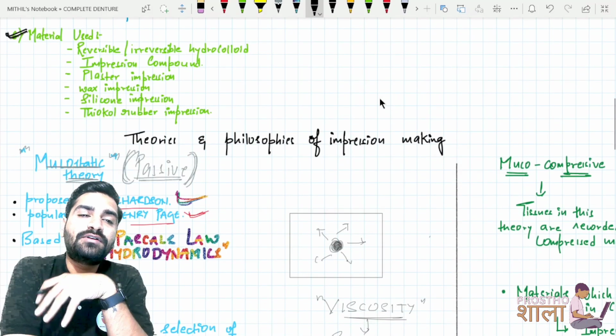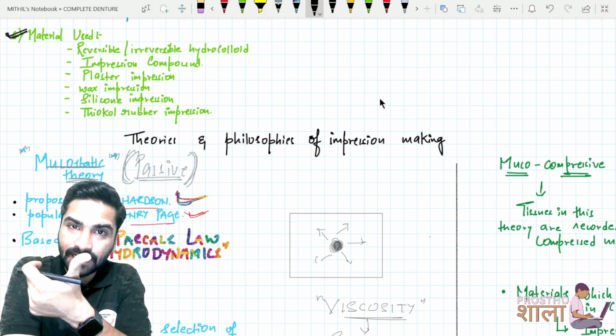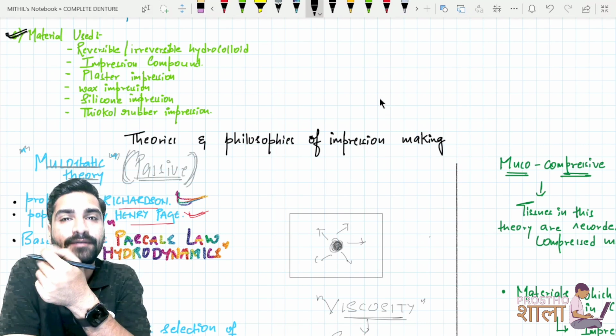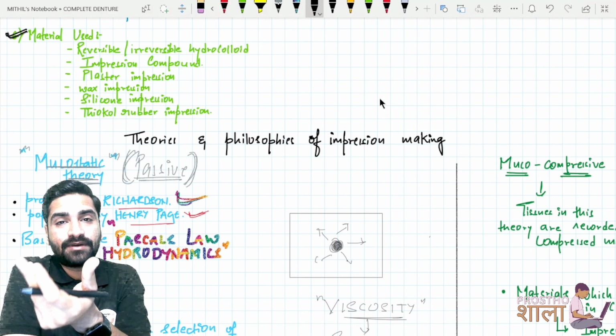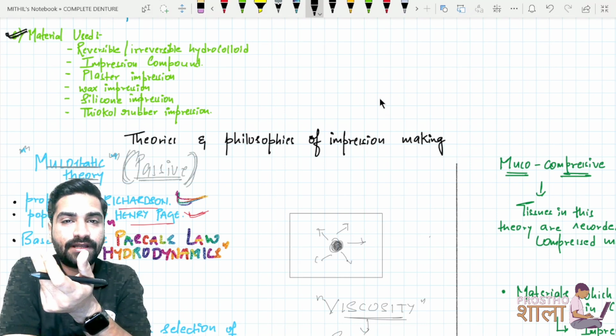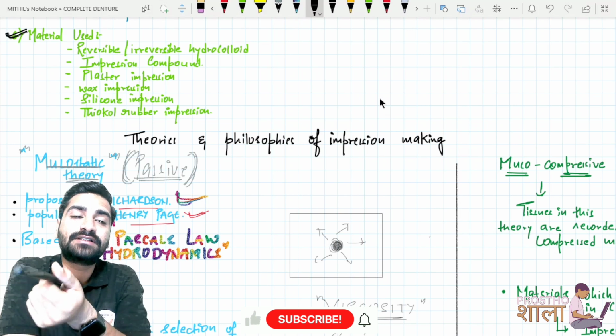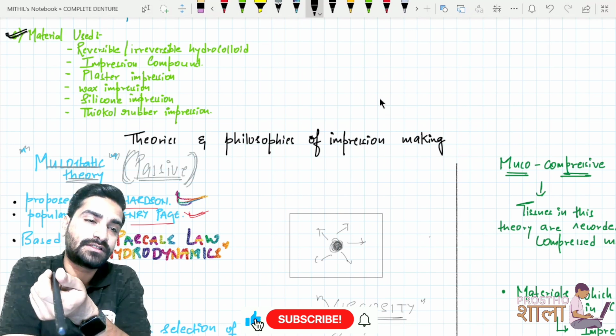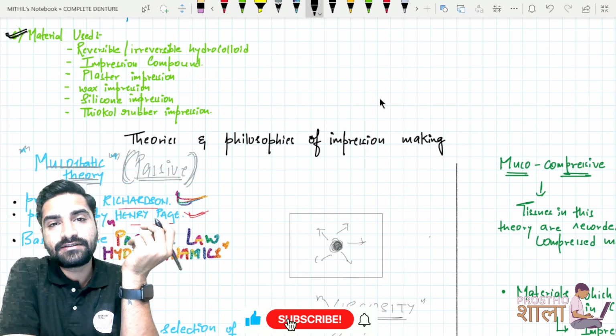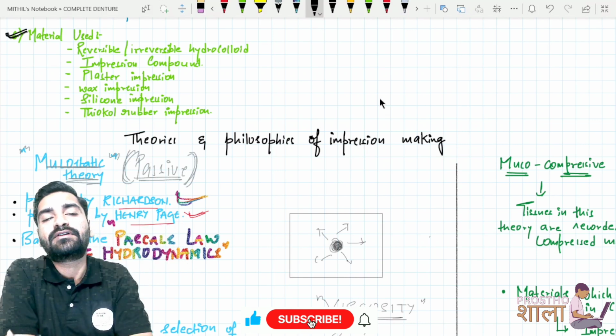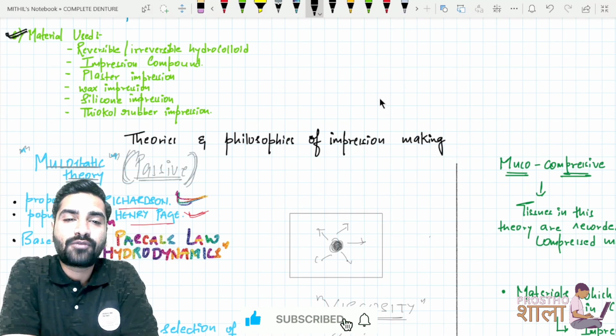When we talk about materials, we have reversible hydrocolloid, irreversible hydrocolloid, impression compound, impression plaster, which is not used as much nowadays. Then we used wax for taking impressions, silicone impressions, rubber impressions, right? All the impression materials which were used to take impressions of the dental arches, probably in your complete dentures, can be mentioned over here.